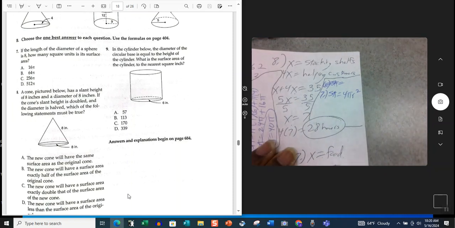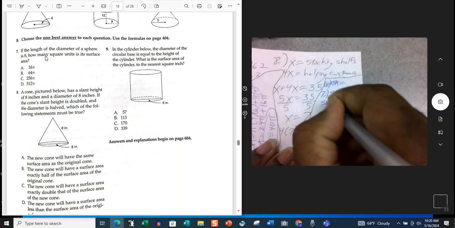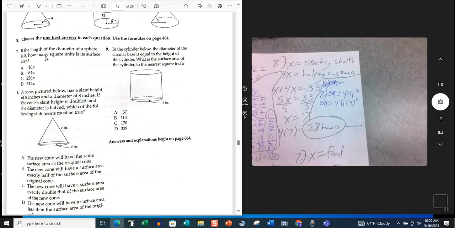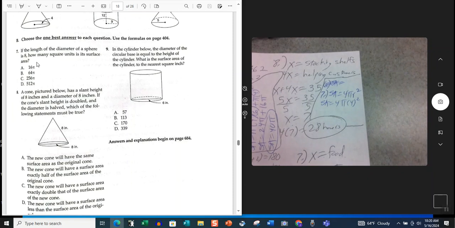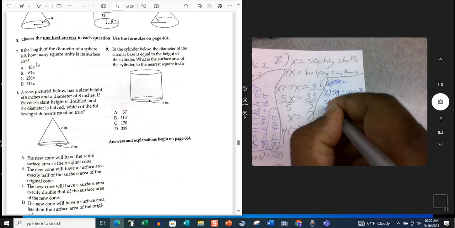Okay, that's the surface area of the sphere. Now they tell us here that the diameter is 8. We know the radius is half the diameter. So that would make the radius 4. So the surface area is 4 times pi times 4 squared. Now they ask us, how many square units is its surface area? So we know 4 squared is 16.